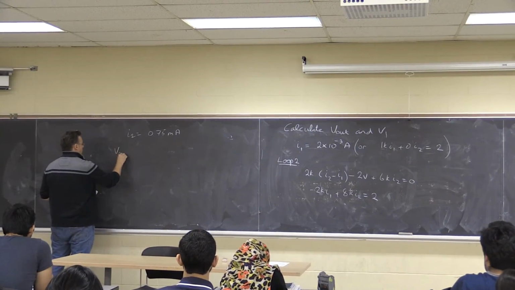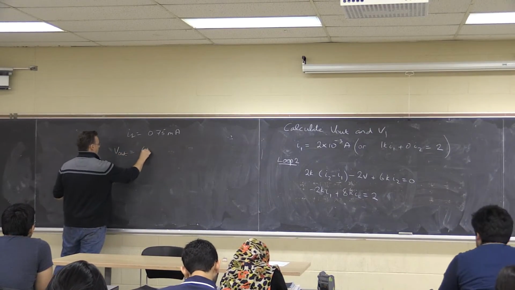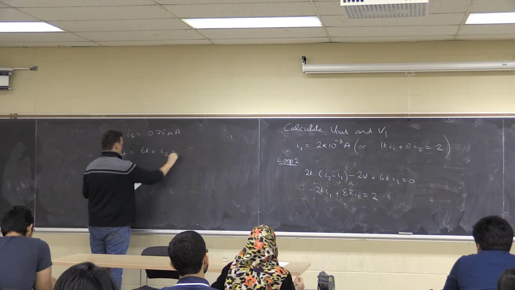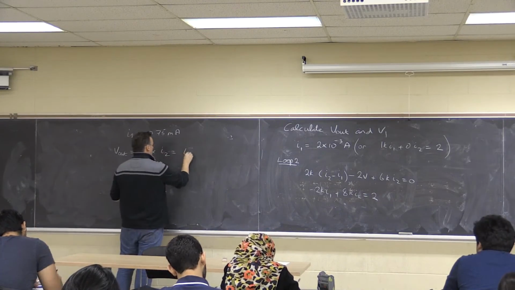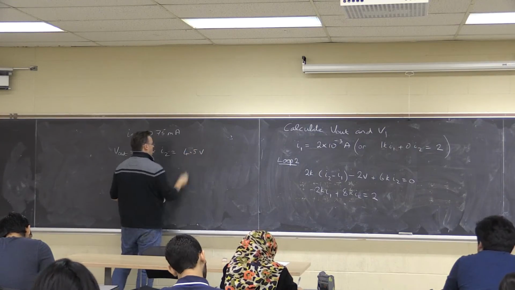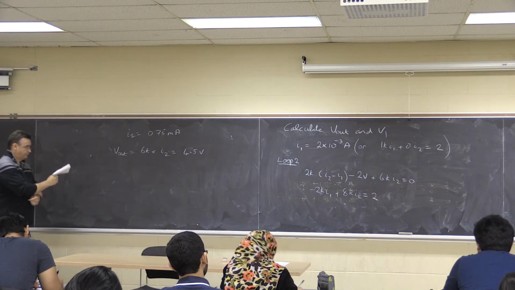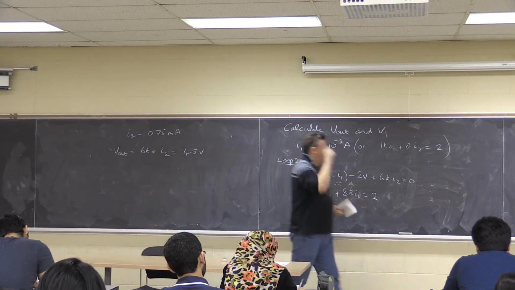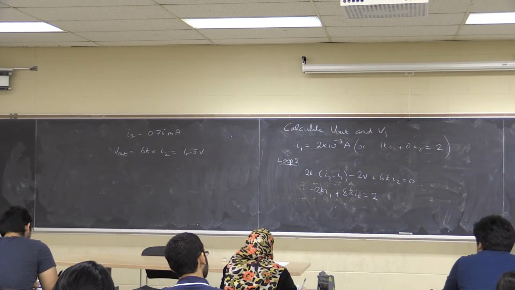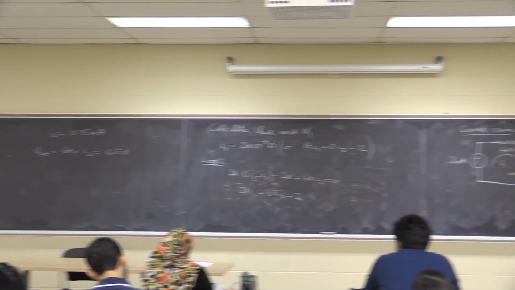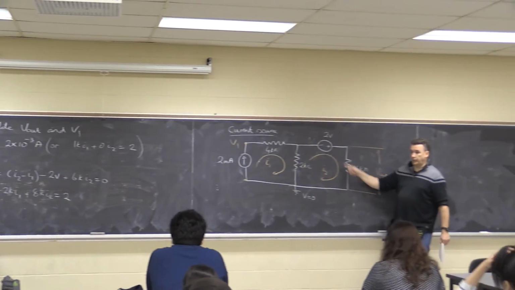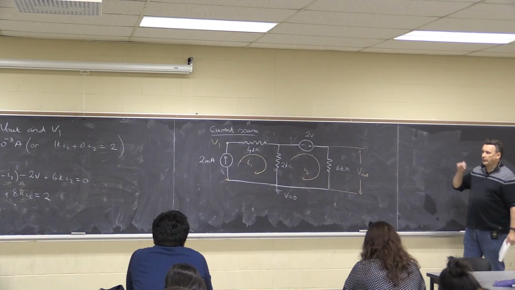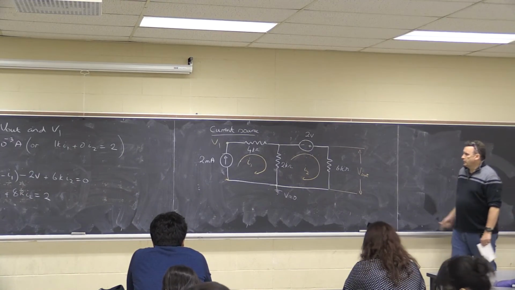V out is 6 kilo ohms times I2, equals 4.5 volts. So I2 goes through this resistor. If I know the current through a resistor, I know the voltage across the resistance. So again, it's always Ohm's law in a single branch. So that was easy to work out.